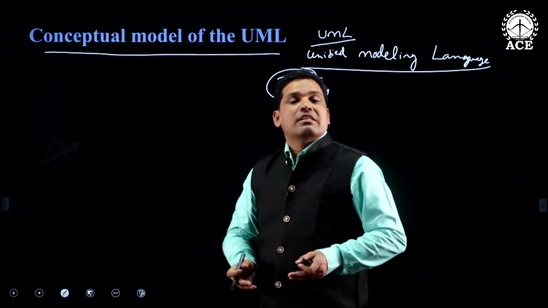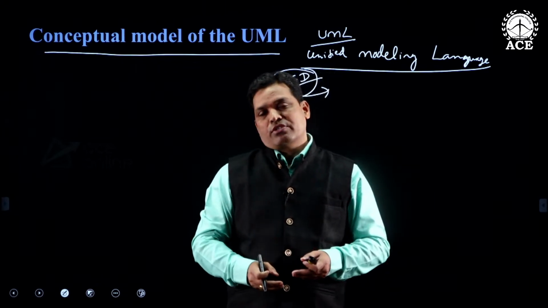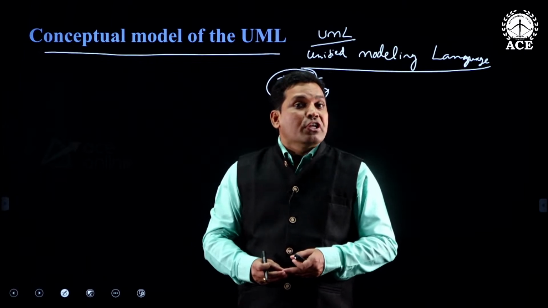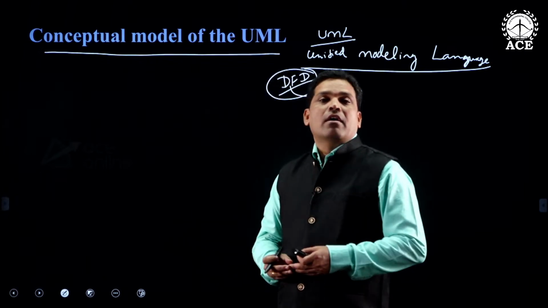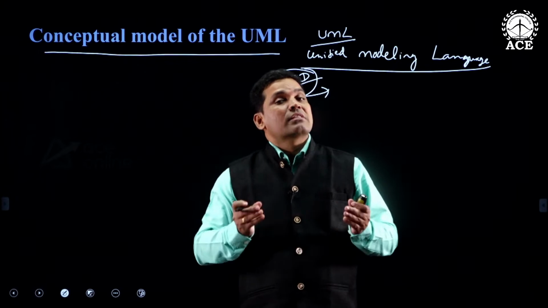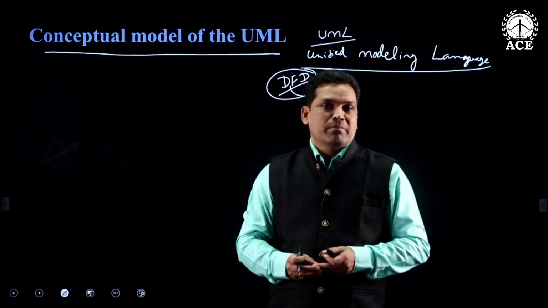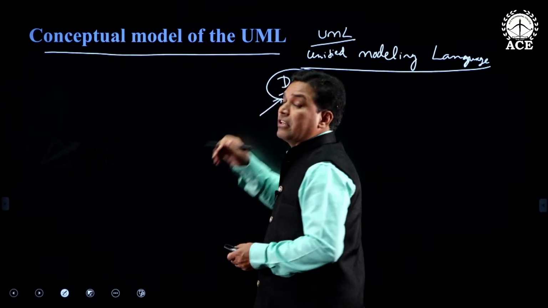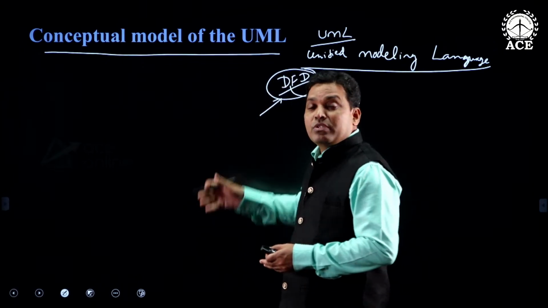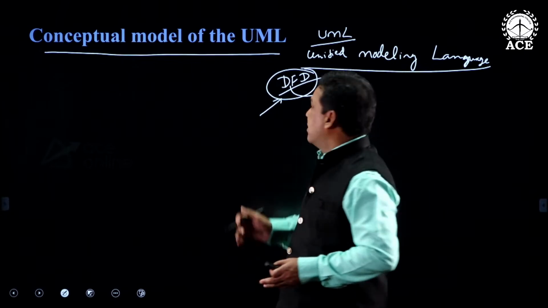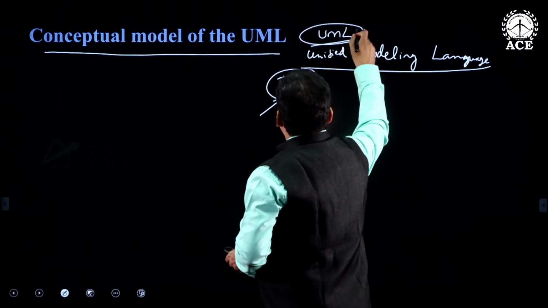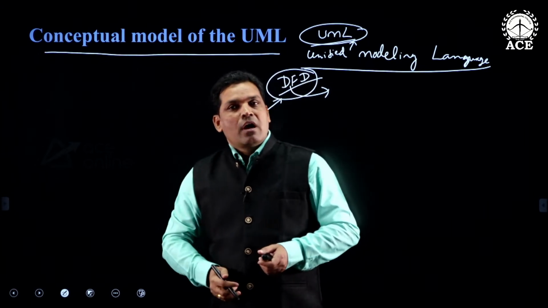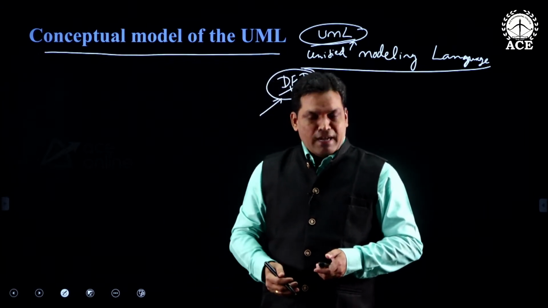When the size of the software system increases, the complexity of the software system also increases when using DFDs. To resolve that problem, UML, the Unified Modeling Language, was introduced, which is an object-oriented modeling language.